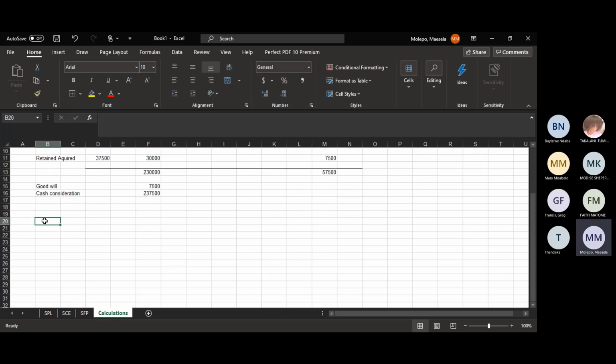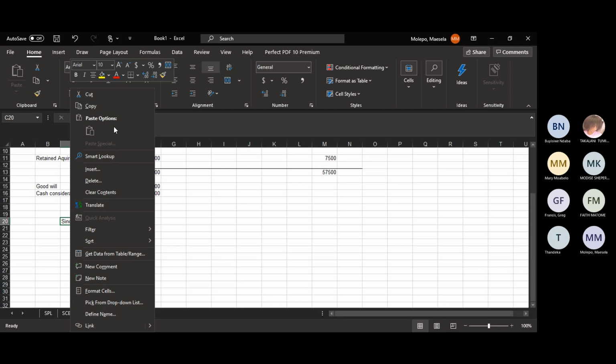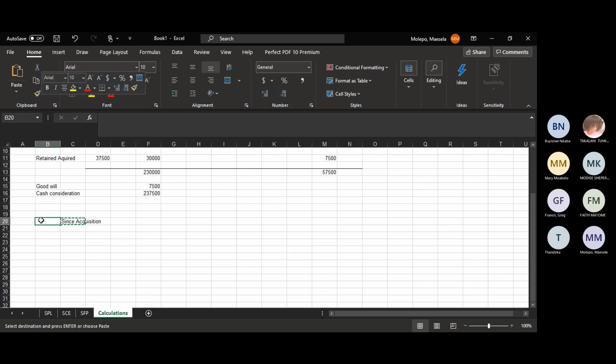Now we're going to go to the since acquisition. On the since acquisition, we're going to do the retained earnings.